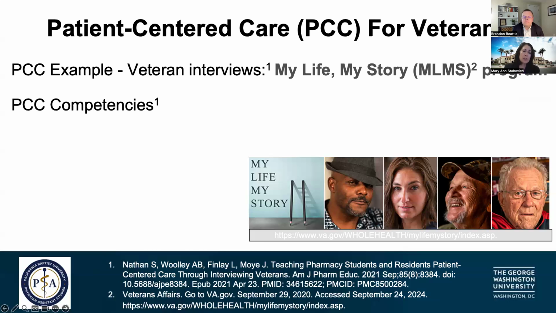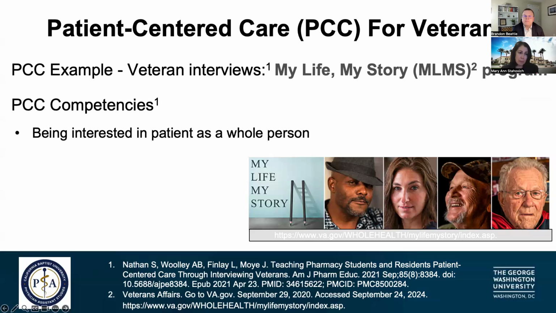So this is also helpful to know about because it actually addresses certain patient-centered care competencies, which we know, in fact, can also translate over, as some of these other lessons can, to additional populations who are also at risk and other populations who may also be underserved. So those competencies can include remembering the person and showing focus on them as a whole person, and then also demonstrating good bedside manner with care and compassion.